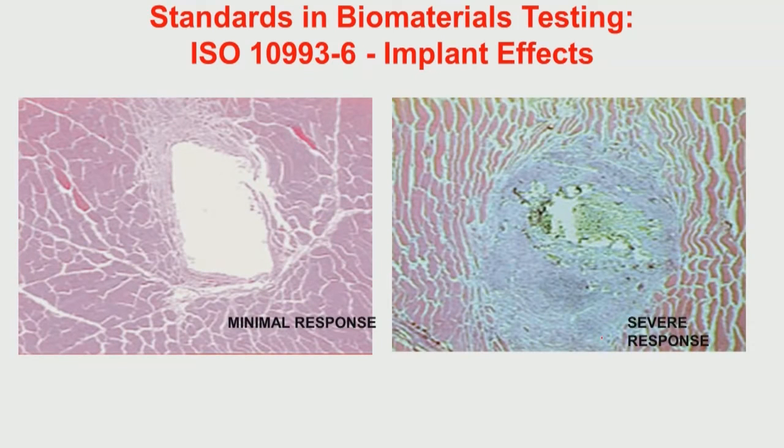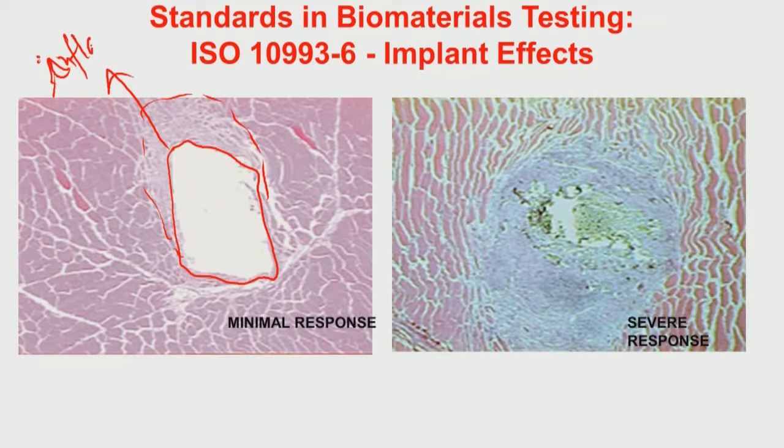Now, these are two examples. Here you can see a biomaterial that has a slightly irregular shape. It was implanted in an animal, and according to ISO 10993-6 implant effects, you can see there are certain regions of inflammation.